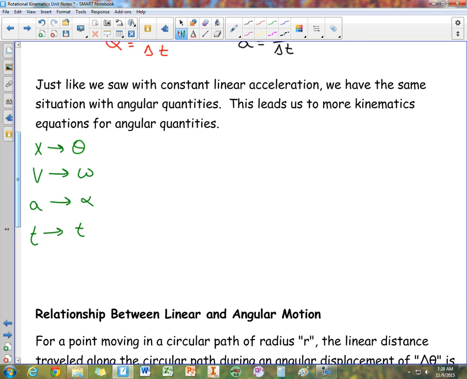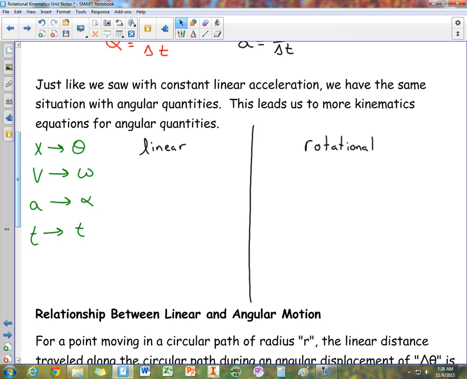For our translational or linear quantities, and rotational. For linear, we have our delta x over delta t, that's our velocity.